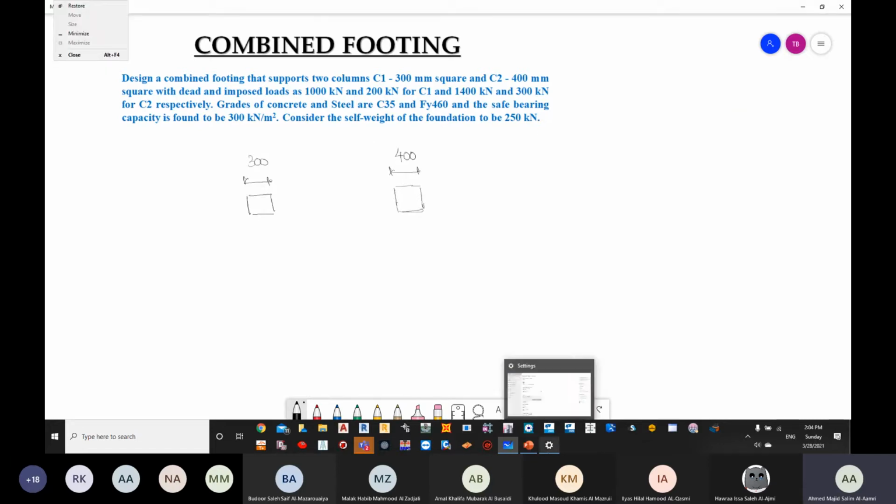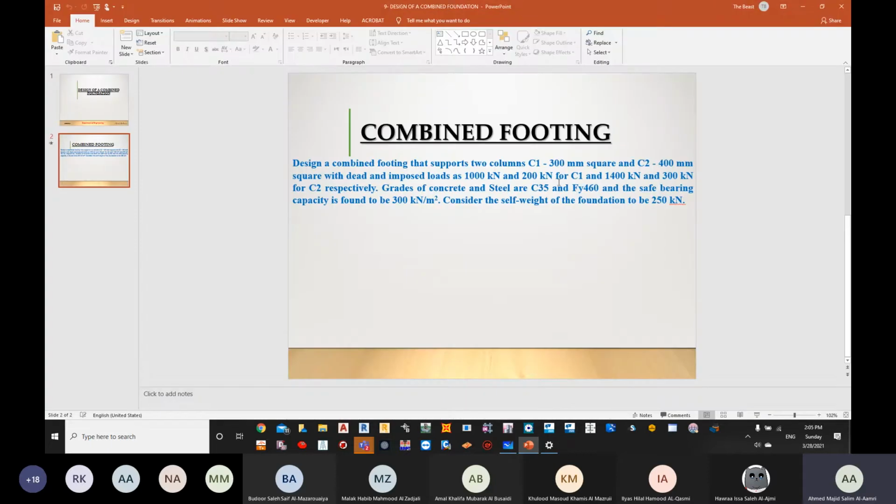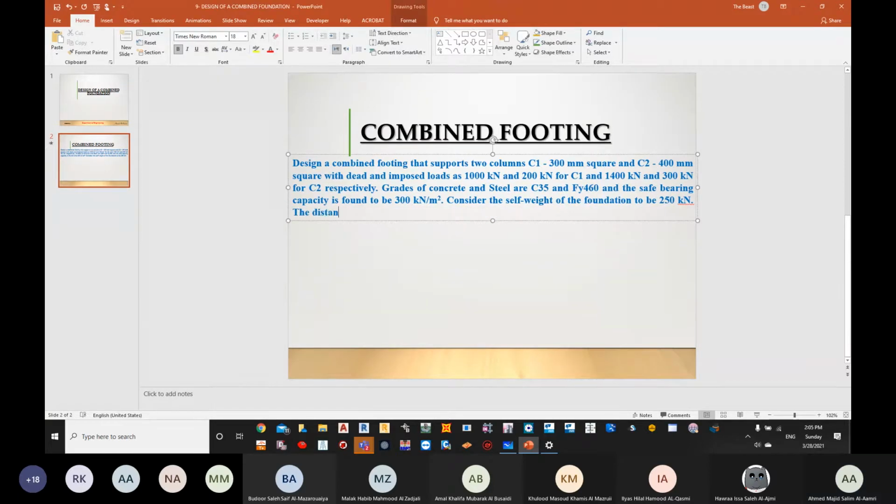I can just add it in the PowerPoint. We have been given that the distance between the two columns is 3 meters center to center.